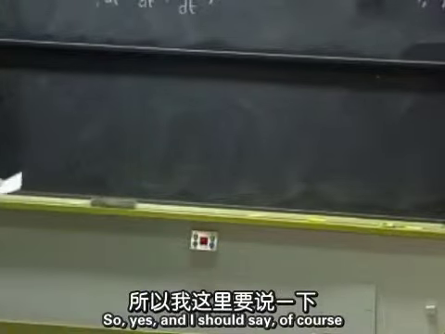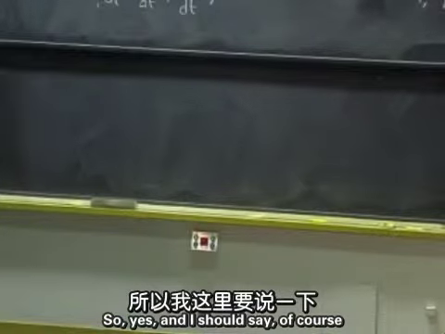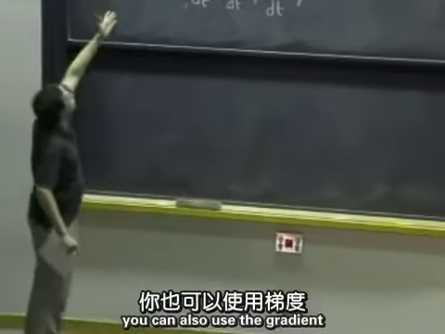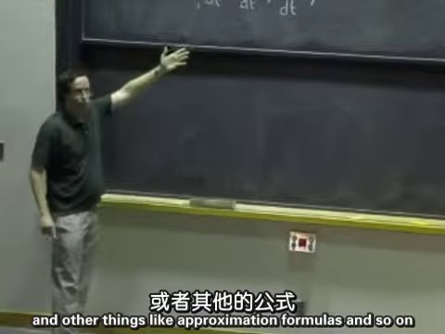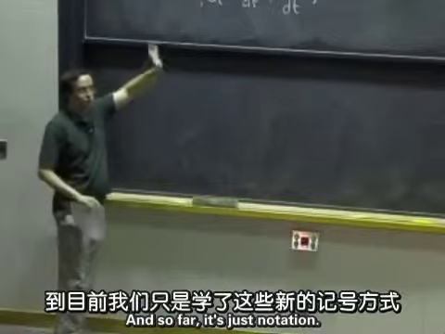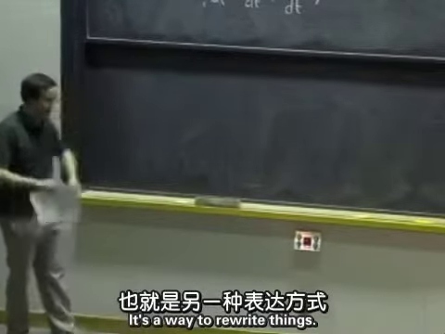And I should say, of course, you can also use the gradient in other things like approximation formulas and so on. So far it's just notation. It's a way to rewrite things.